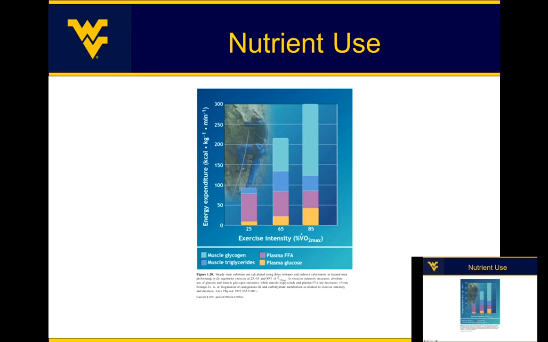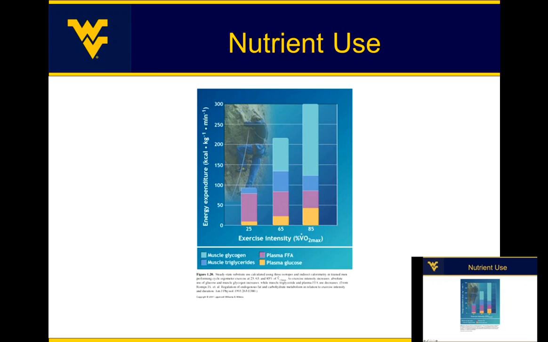This graph is showing you what happens if you exercise at 25%, so you're just putzing out there. 65%, it's kind of a jog. 85%, now you're kind of hoofing it. So energy expenditure, kilocalories per kilogram per minute.